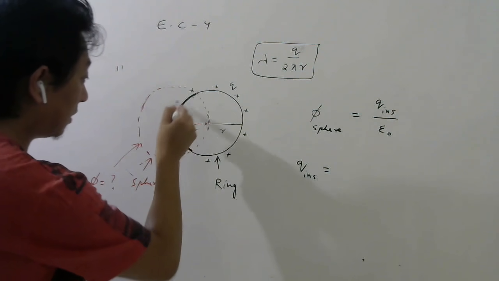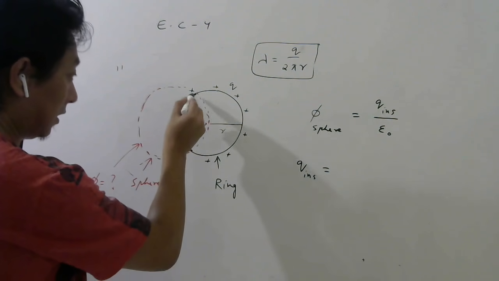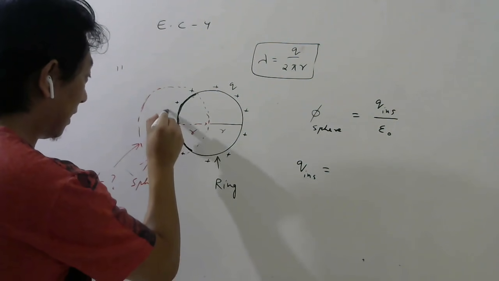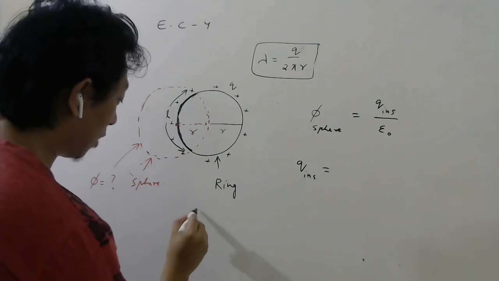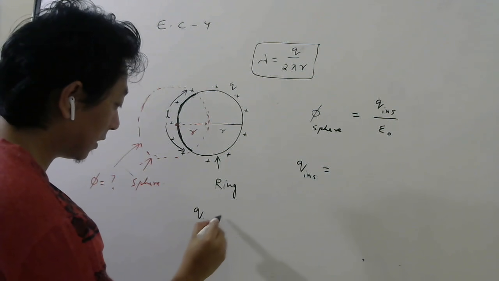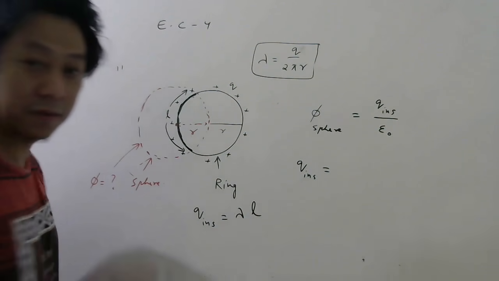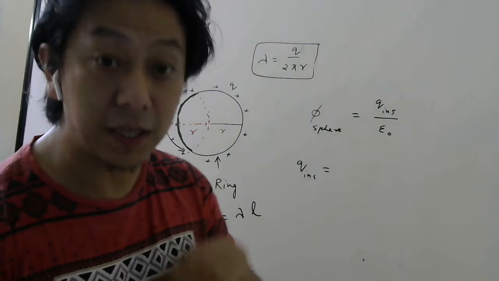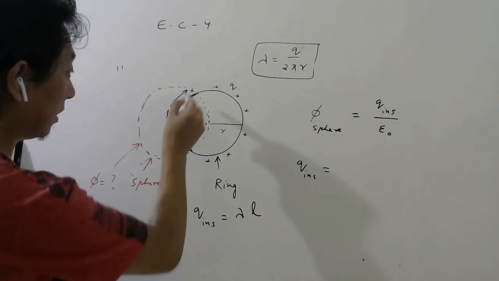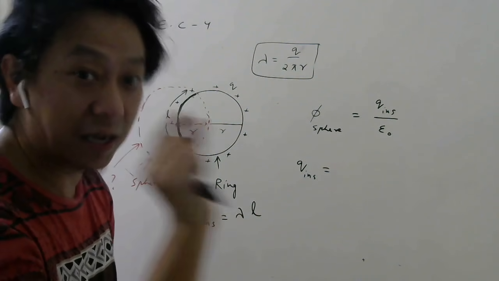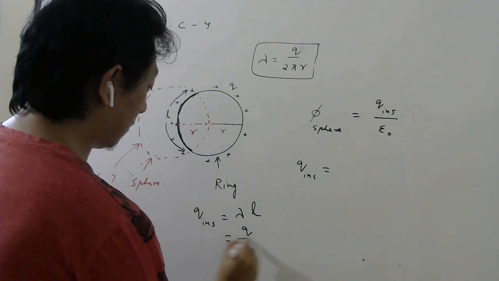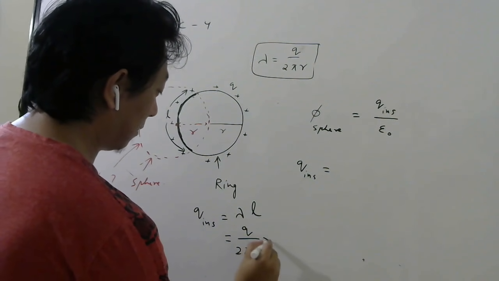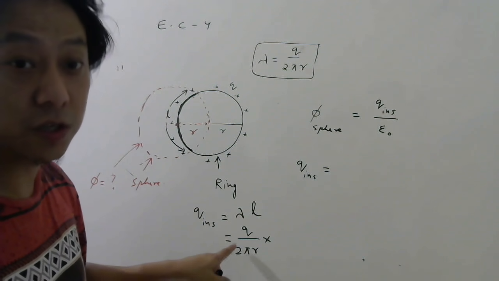So we need to find the charge of this length. Let us say this length is L. Then what will be the charge inside? Lambda into length, because lambda is charge per unit length, into length will give you the charge of that much length. Now lambda we know is Q divided by 2 pi r, because the answer should be in terms of total charge.